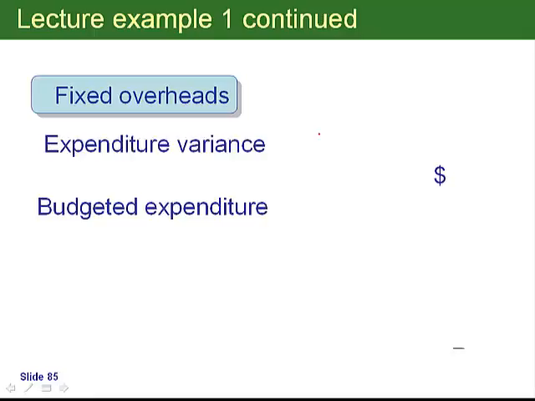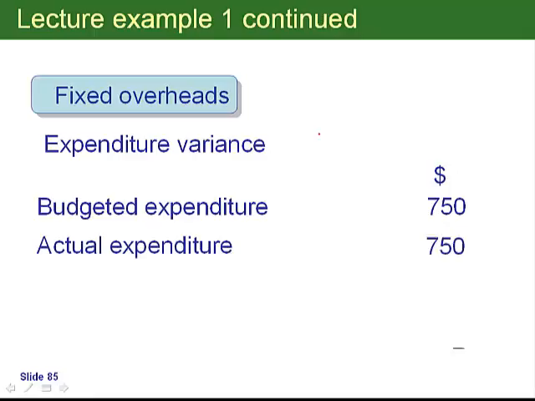So what we're comparing here is the budgeted overheads with the actual. So should and did, again, here what we should have spent compared with what we did spend. Now we have no difference here, so we have a nil overhead variance. So that's our cost variances.